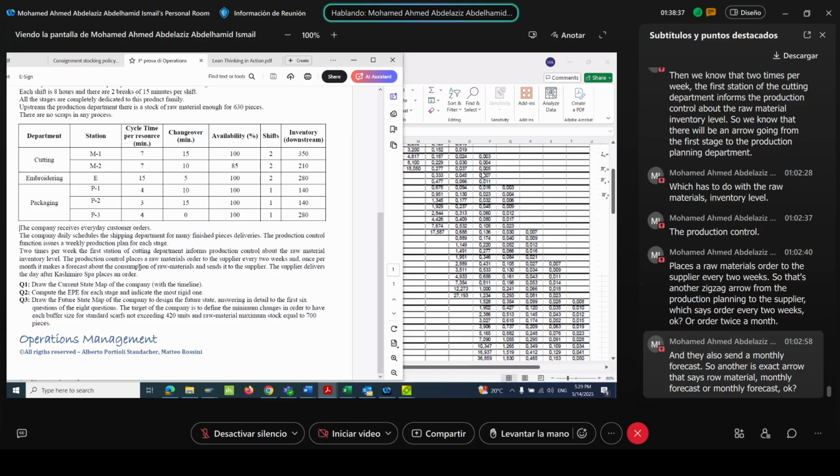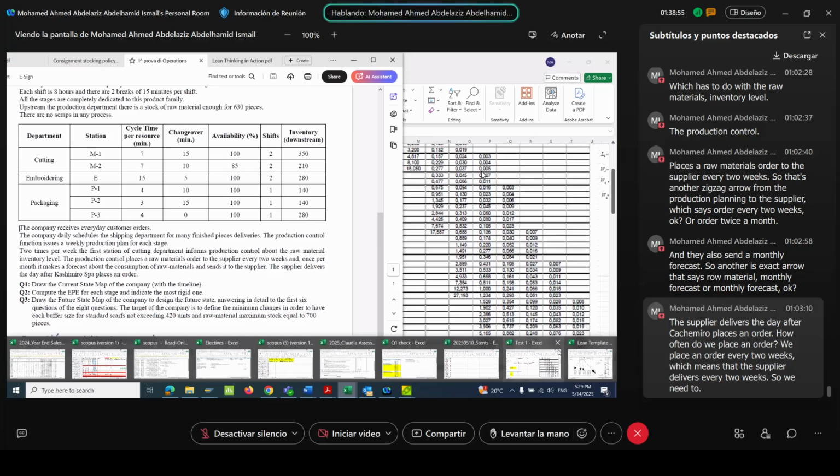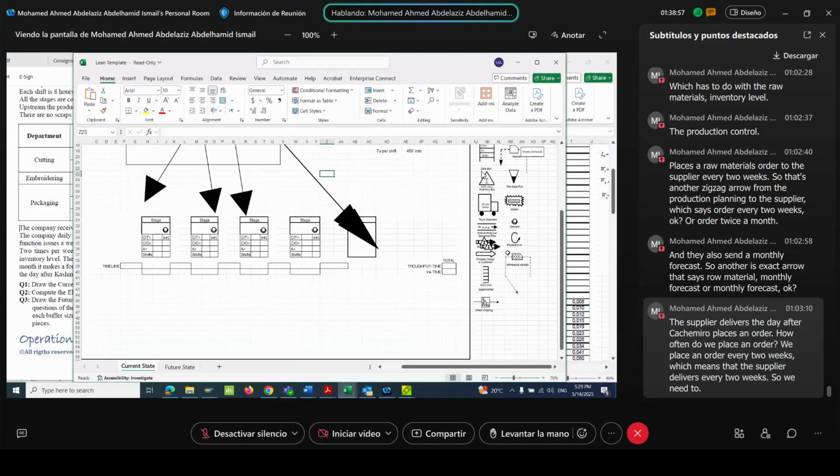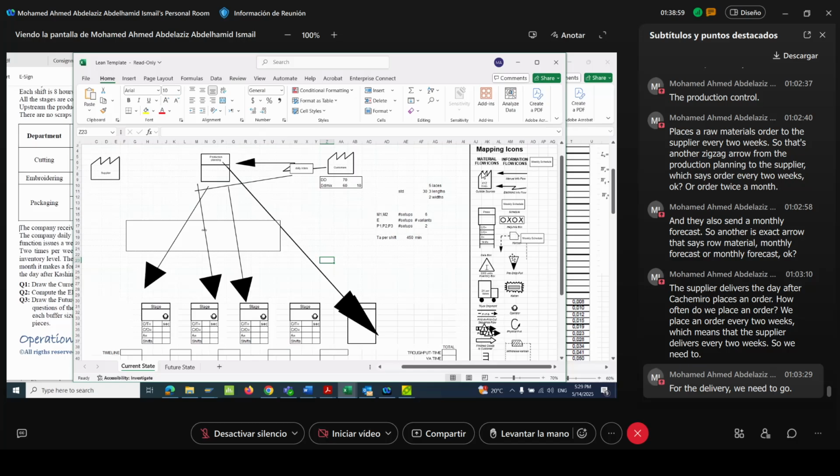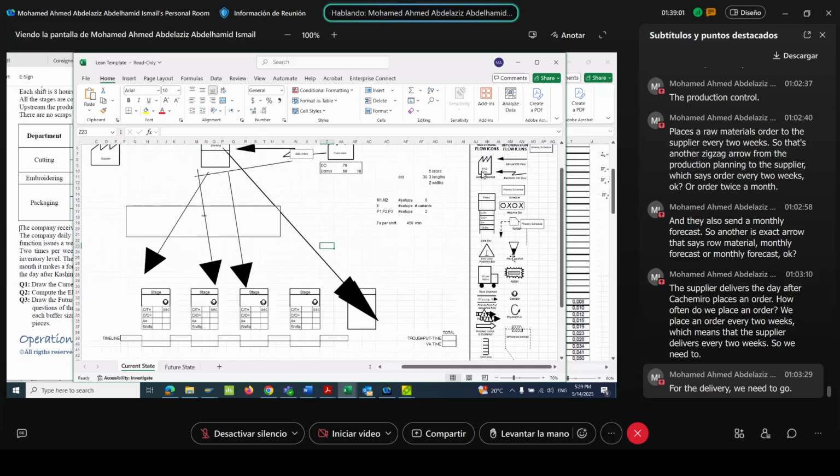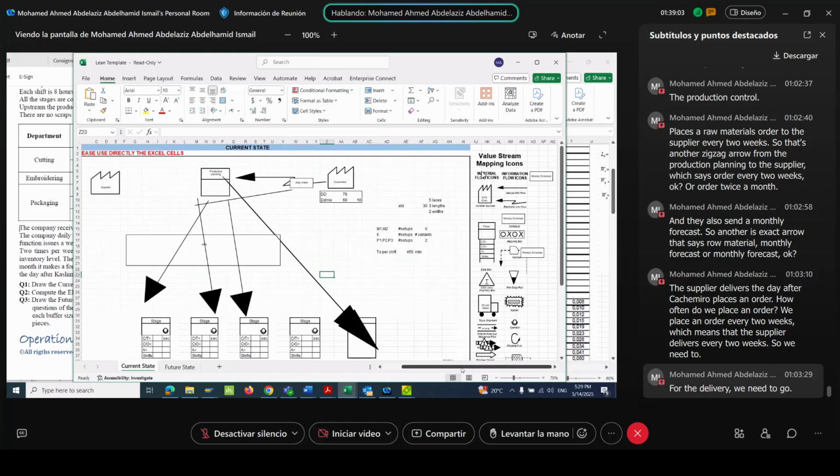The supplier delivers the day after Cachemiro places an order. How often do we place an order? We place an order every 2 weeks, which means that the supplier delivers every 2 weeks. So for the delivery, where is the delivery arrow? The delivery arrow is not here.